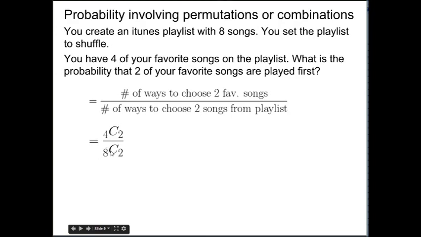We have 8 songs in our playlist, so that's the number of objects we can pick from, and then we're picking 2 things from that list. Let's calculate the first one, 4 choose 2. Guys, anytime you see choose in here, that's usually a good sign that we're going to use a combination.